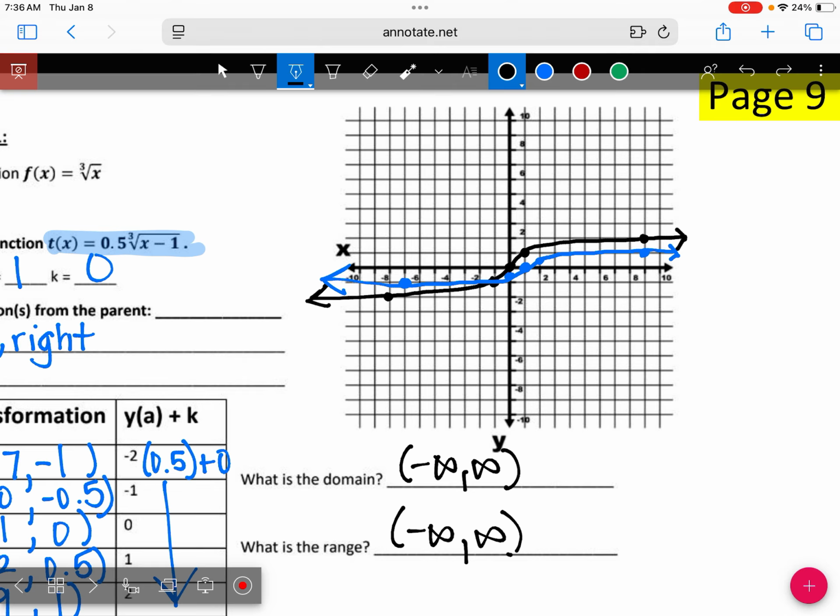All right, we just got one more. Let's do it. Graph the parent, for example, 12. Let's go ahead and graph our parent.